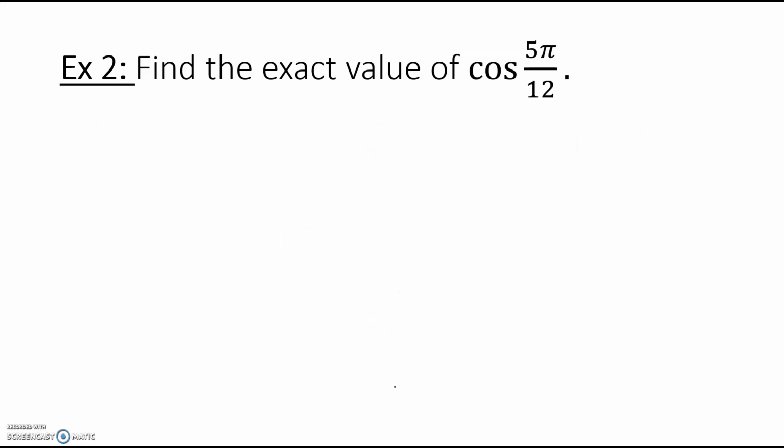Example 2, we want to find the exact value of cosine of 5 pi over 12. So now for this one this angle is in radians. And so for me, in order to be able to rewrite 5 pi over 12, I know it's not one of my special angles, but to rewrite it using some of my special angles, I like to convert it to degrees first. So remember, to convert from radians to degrees, you multiply by 180 over pi.